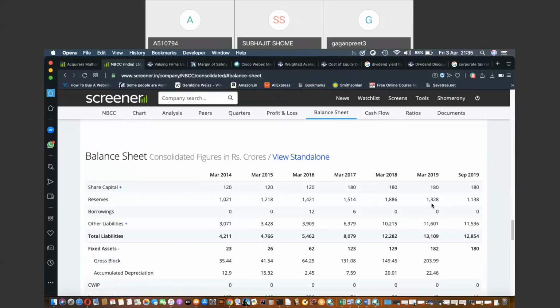Now that is our operating free cash flow. I have a small doubt here. While calculating EBIT, in EBIT we have taken depreciation as 6, right?